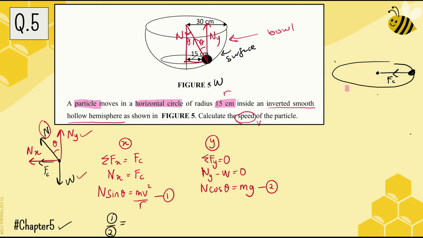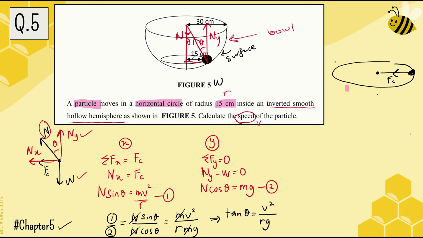Then you'll see that we can cancel out many quantities, which makes it easier to solve. The right side is mv squared over r divided by mg. N can be cancelled out, and mass can also be cancelled out. Finally you have sine over cos, which is tangent theta, and the right side is v squared over rg.